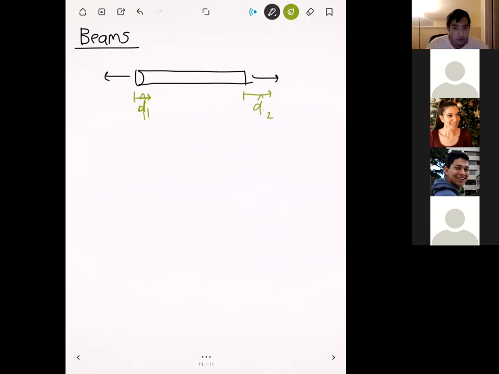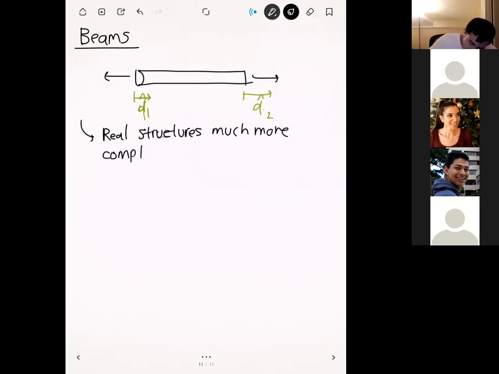And so all that's fine, and that's a good place to start. But we know that in reality, structural elements have displacements that are a lot more complex than this. And so in real structures, we have displacements that go perpendicular to this, and you can also have rotations as well.